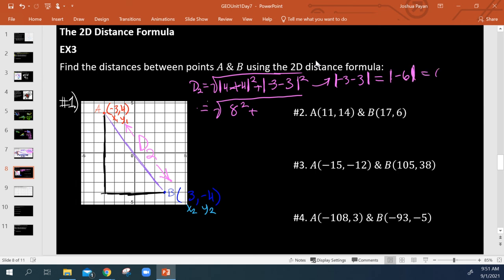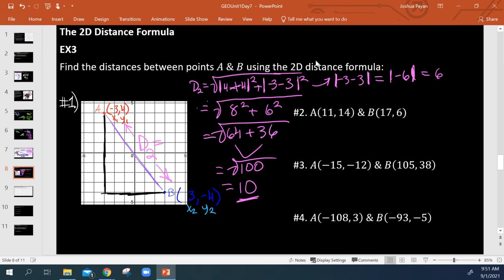And the absolute value there is just 6. So I'm going to have 6 squared. Okay, that gives me 64 plus 36, which combines to give me 100, and the square root of 100 is simply 10. So my two-dimensional distance here, the distance between A and B, is 10.